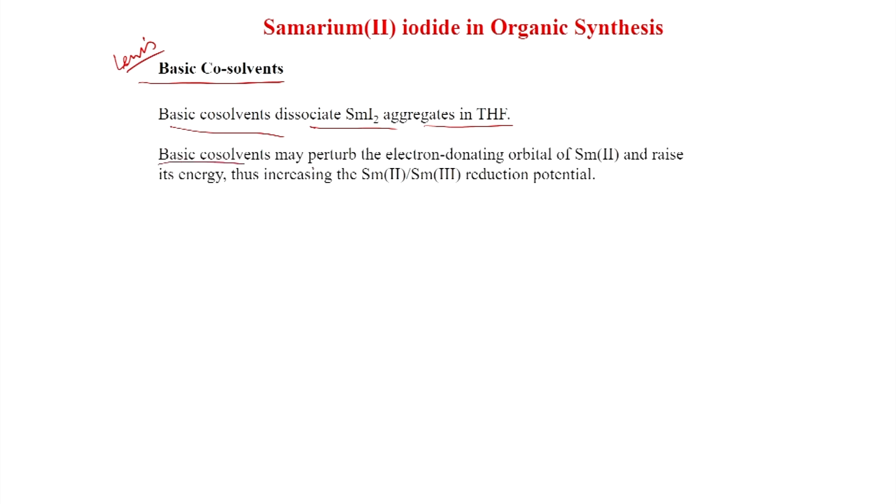Also, basic co-solvents may perturb the electron donating orbital of samarium(II) and raise its energy, thus increasing the samarium(II) to samarium(III) reduction potential. So, this is very important, it increases the reduction potential. So, that means the reaction will be much faster.